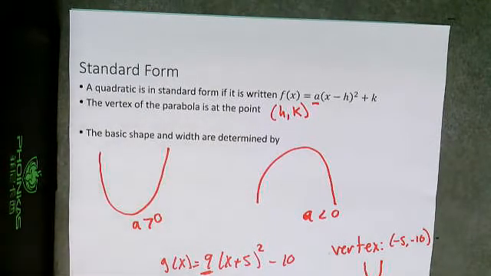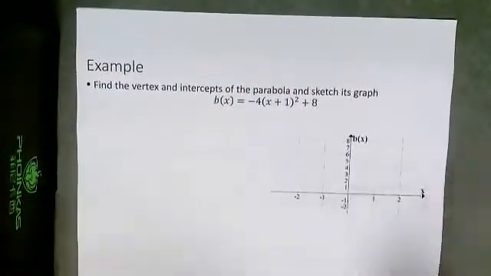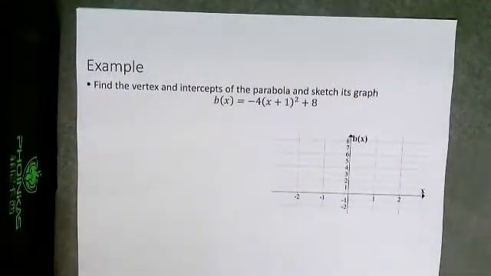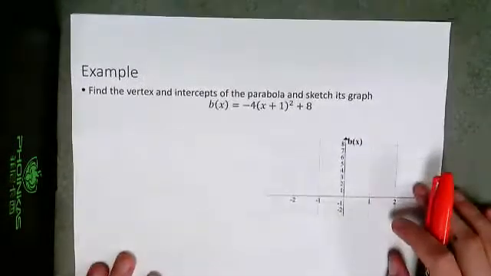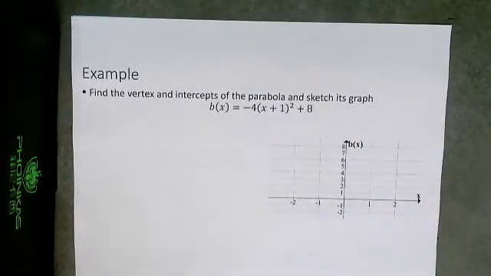Let's look at an example of this. Find the vertex and intercepts of the parabola and sketch its graph. Here we have the function b of x is equal to -4 times (x plus 1) squared plus 8.